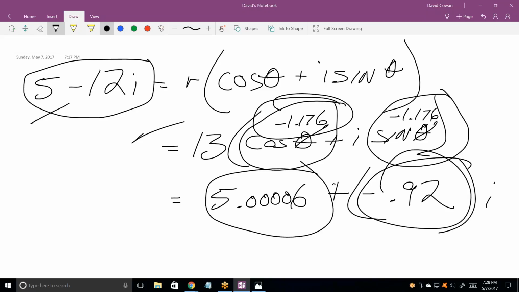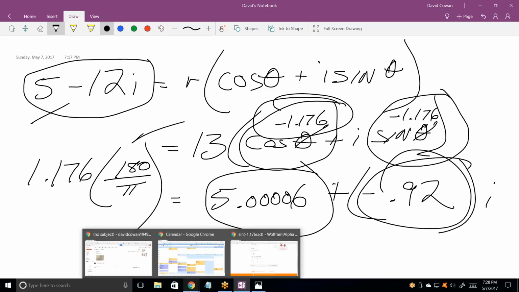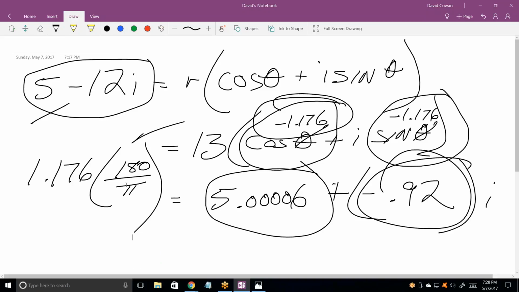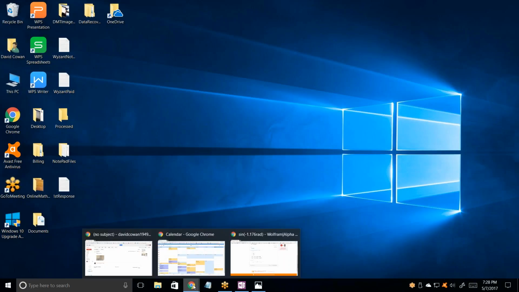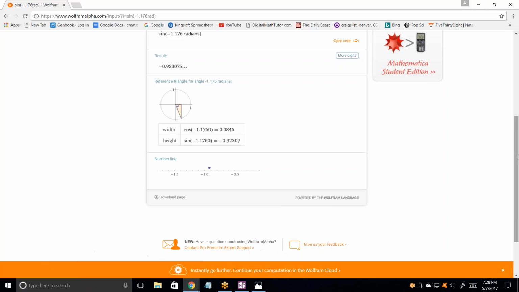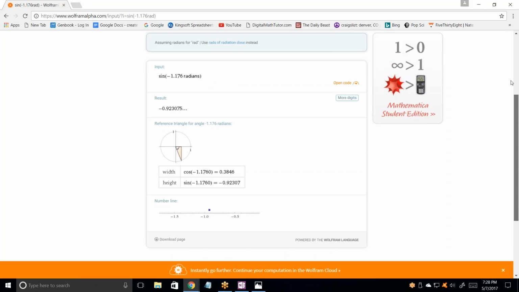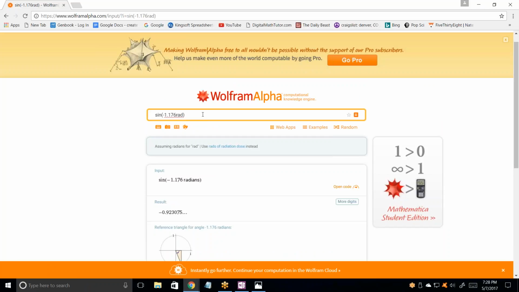So let's see, what is this in degrees? Let me do it in degrees. That is 180 over pi, right? So, what is the sine of that? Let's do it in degrees.